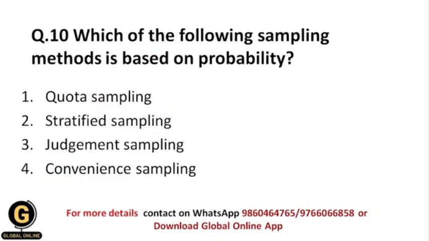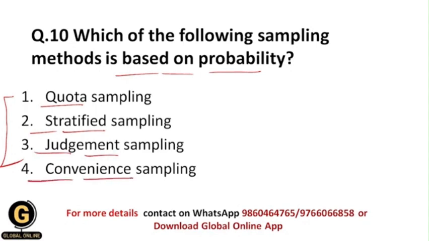Okay. Now next, which of the following sampling methods is based on probability? Here they have asked exactly which of these sampling techniques is the probability sampling technique. So whether it is quota sampling, stratified sampling, judgment sampling, or convenience sampling.